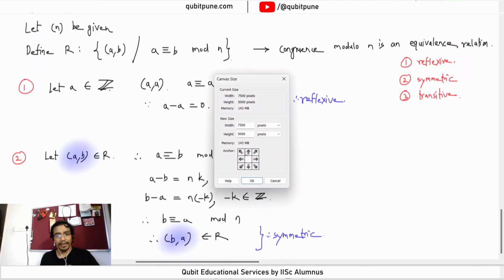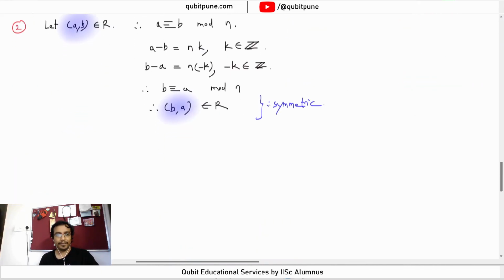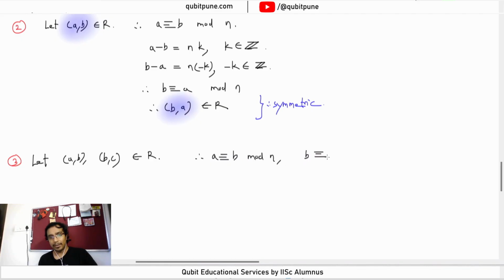Now, can we prove that it is transitive? If yes, how can we do that? Let's see. For transitivity, we need to begin with 2 pairs. So we assume that A,B and B,C belong to our relation R. So we can write A congruent to B mod n and B congruent to C mod n.